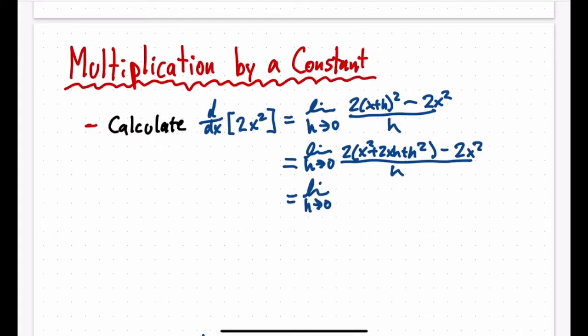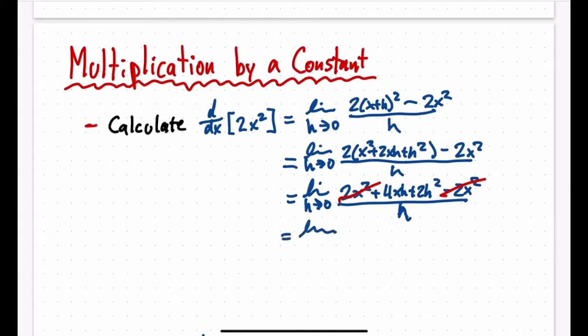Which now we can apply the 2 to. So distribute that 2 in: 2x squared plus 4xh plus 2h squared minus 2x squared, all over h. We have two terms in common, so we can have them cancel each other out.